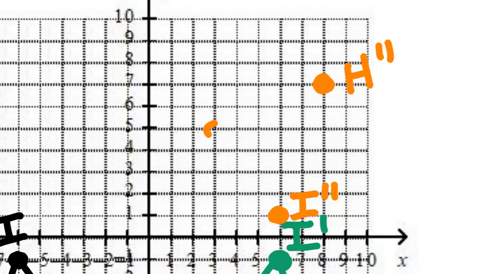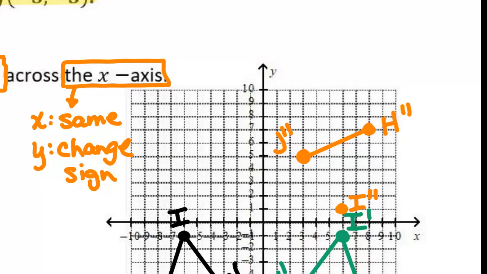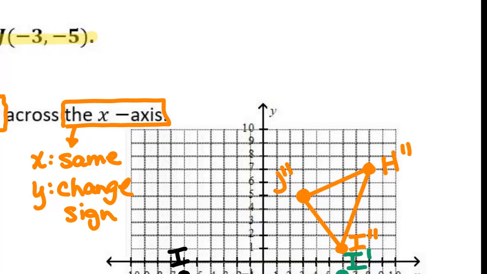And 3, 5 right here for J double prime. And we grab our straight edge and we connect those points to make a reflected triangle. So we took the green one and we flipped it over this way, like this.